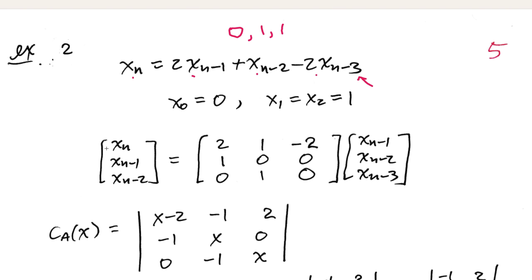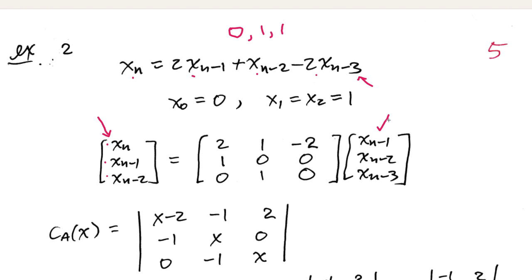Now, because it's a 3-term sequence, I'm going to go x sub n minus 1, x sub n minus 2. So we've got 1, 2, 3 terms here. Imagine this as a vector that is a function of n. Replace n by n minus 1 everywhere, and you've got this previous vector here.